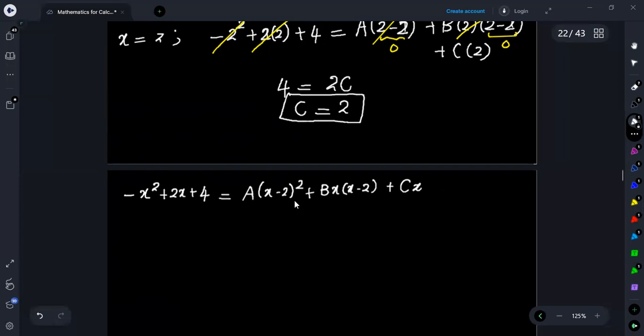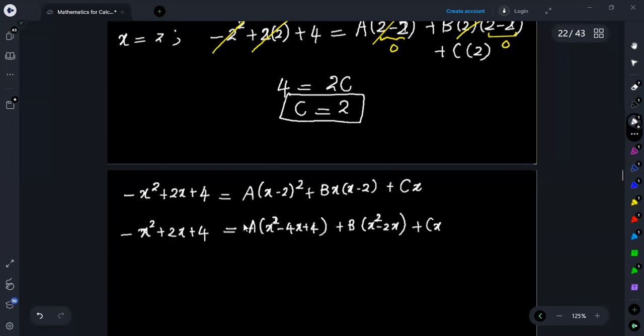And if we expand these two, we can rewrite this as a times (x squared minus 4x plus 4) plus b times (x squared minus 2x) plus cx. And here, minus x squared plus 2x plus 4.